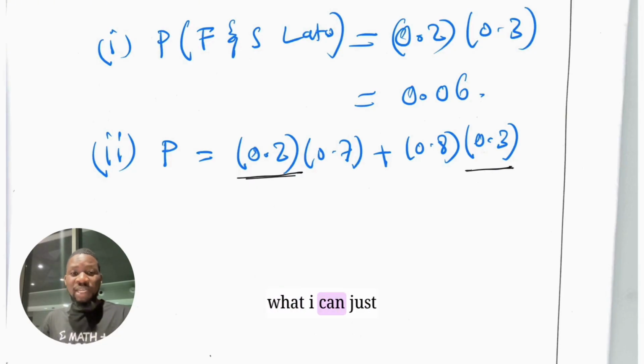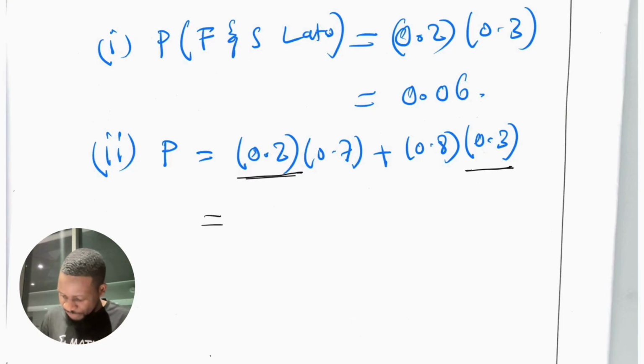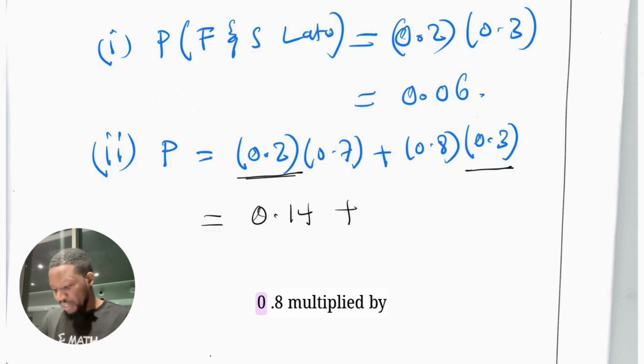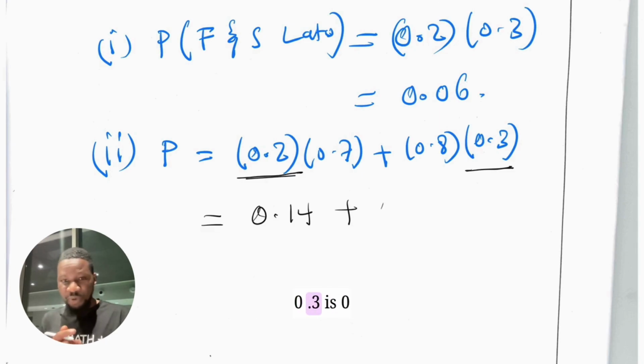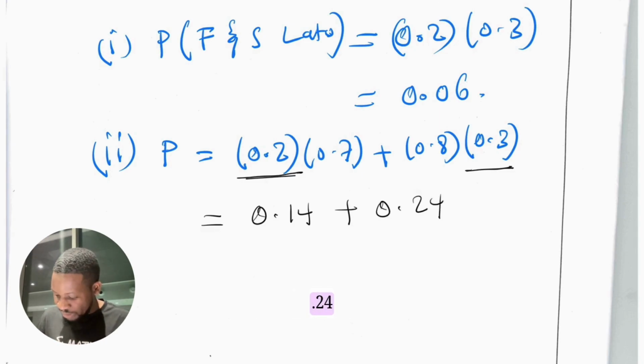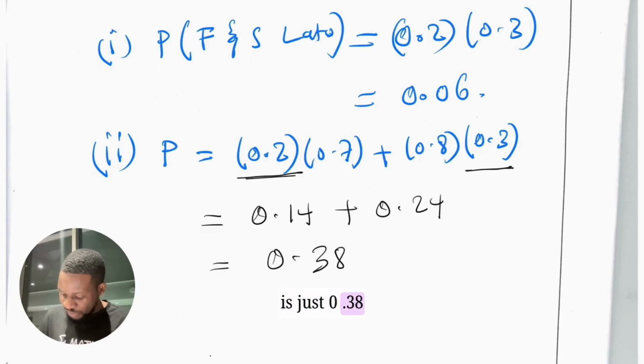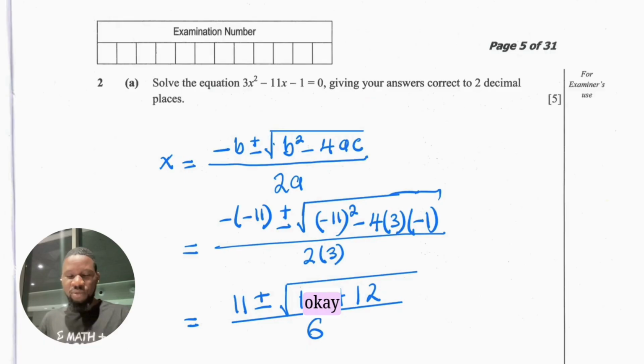Okay, so what I can do now is just take the product. So 0.2 multiplied by 0.7 is 0.14, plus 0.8 multiplied by 0.3 is 0.24. And this is just 0.38. Okay.